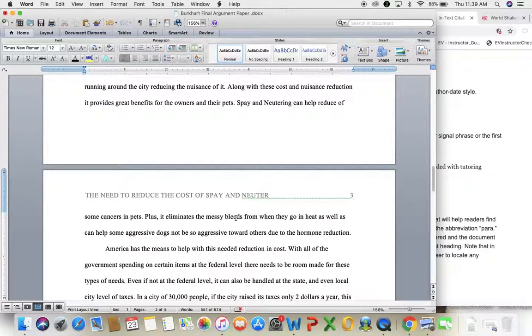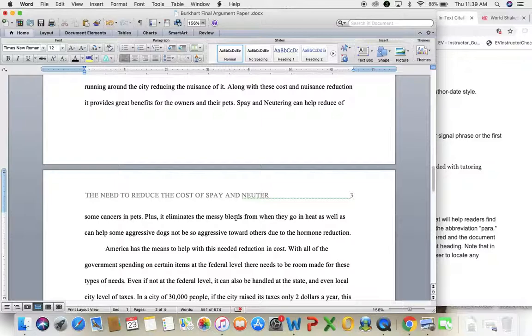And then you have the introduction, and then you need to focus on those potential solutions, so what people are already doing. So you might have a paragraph where you just talk about a potential solution to spaying and neutering, certain organizations offer these low cost options, and then provide evidence and information about what those low cost options look like.